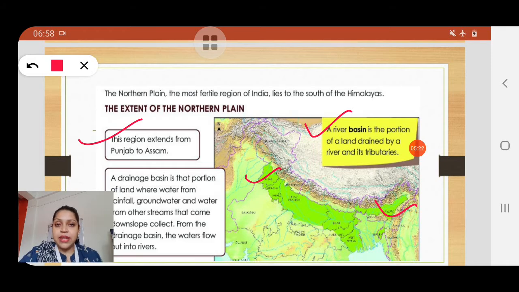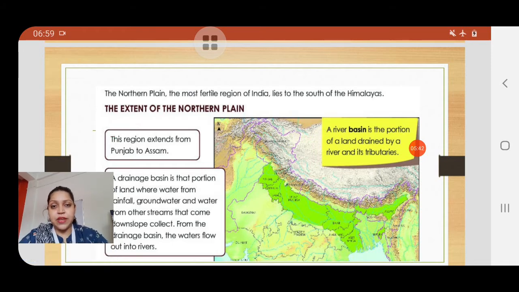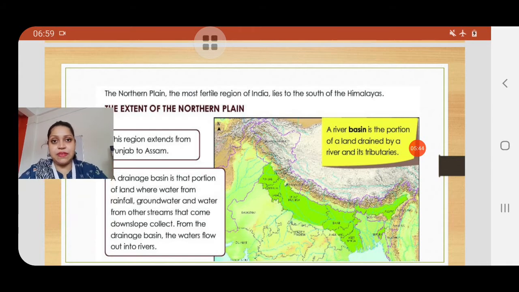Water might get collected through rainfall, or the underground water might also get collected, and from there the water goes to the main river and tributaries. That land area is called a river basin. Then one more concept we have is the drainage basin.